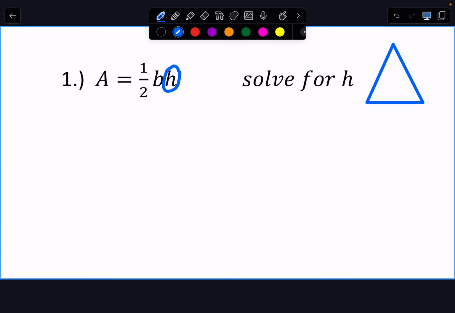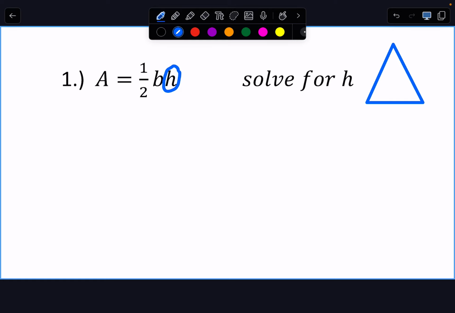We need to get rid of 1/2 B. So, yes, 1/2 and B are tied to H by multiplication. But do you really want to divide by 1/2? No. Dividing by 1/2 is the same as multiplying by 2.